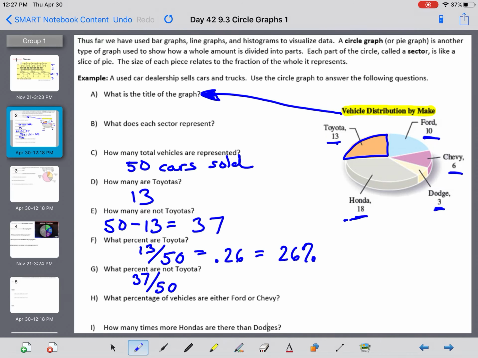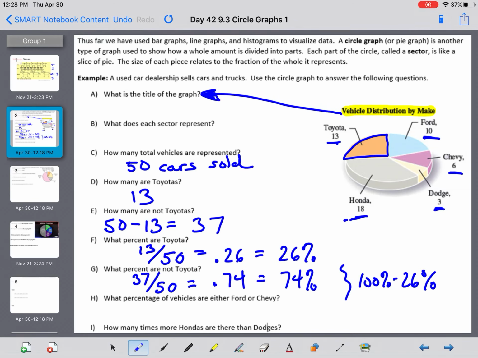So if 37 out of 50 cars sold are not Toyota, I can do that division. That gives me 0.74. So as a percentage, that would be 74%. Notice I also could have done 100% minus 26% to get that 74, because the total is 100%. If I take away the 26% that are Toyota, that leaves me with 74% that are not Toyota.